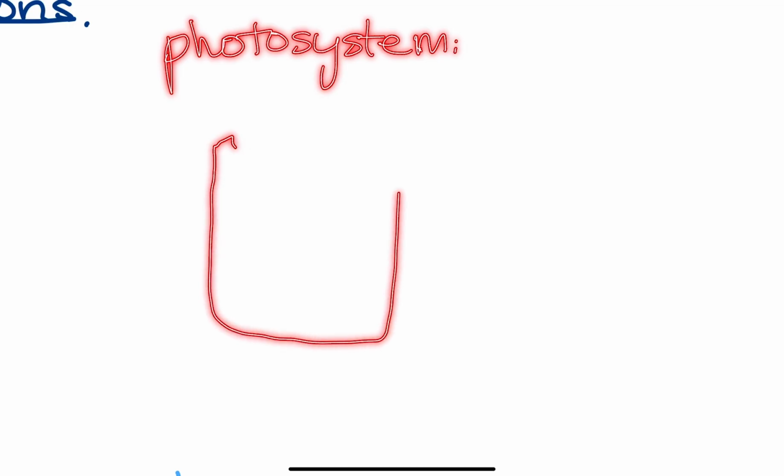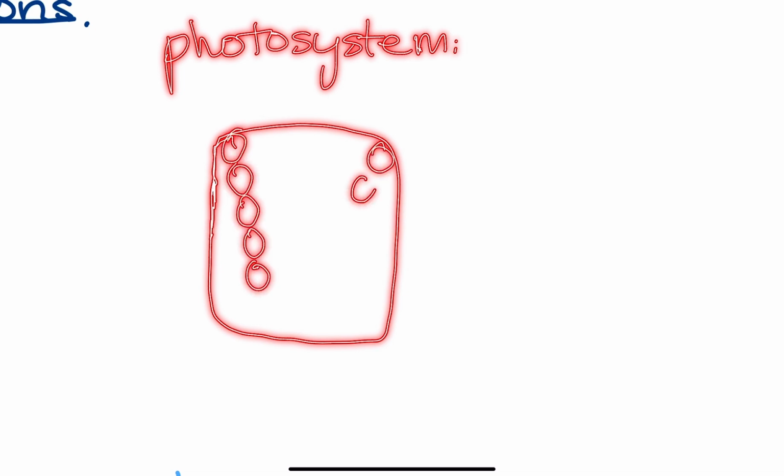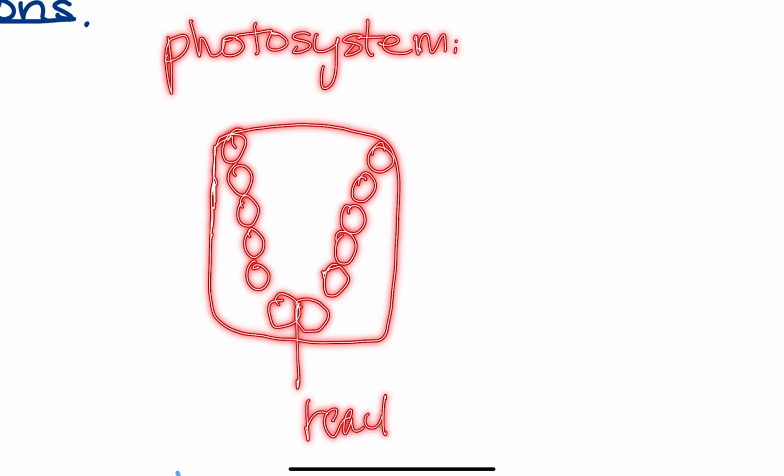Photosystem. It looks like this, like the cluster. Inside it has a lot of accessory pigments like this. And in the middle, there's a reaction center consisting of two chlorophyll A molecules. So this one is the reaction center.